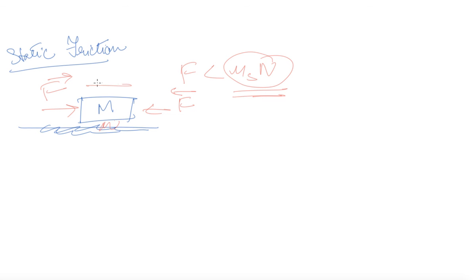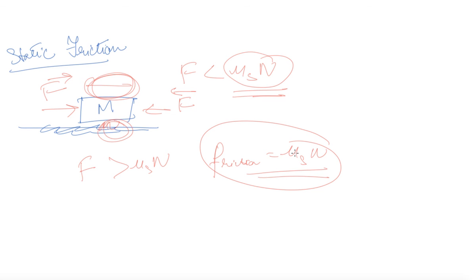Keep this point in mind. Now when F is greater than mu s into N, then the frictional force is equal to mu s into N. Only then does it give a force of mu s into N. So this is the required explanation.